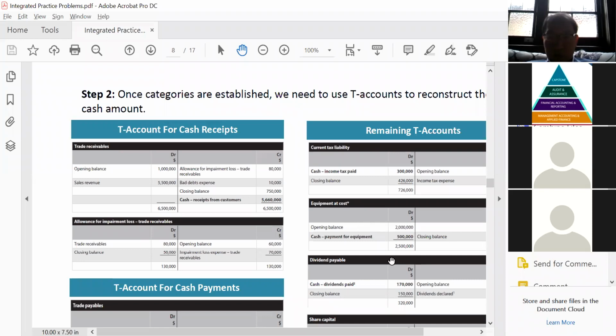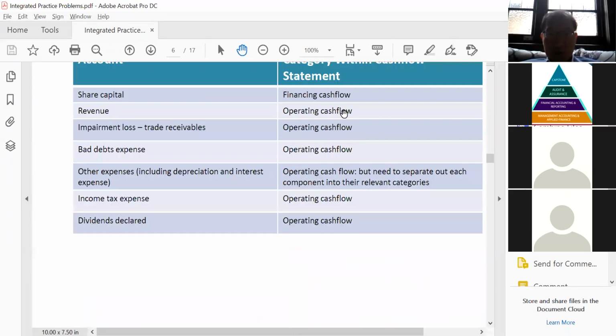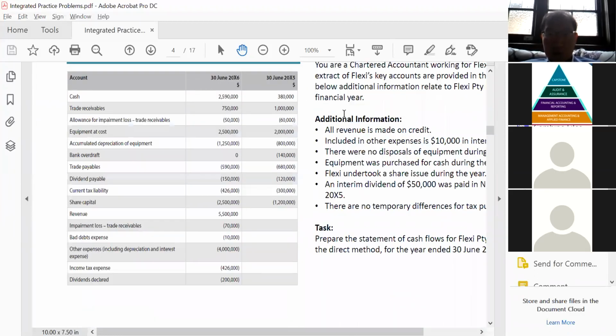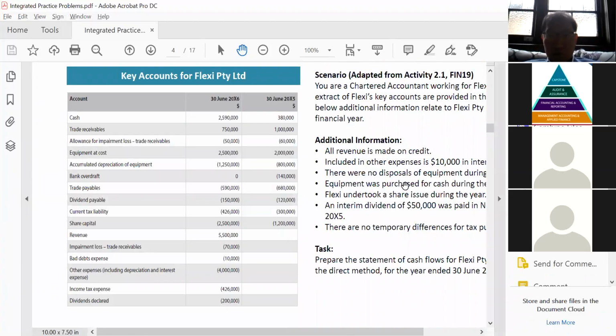Step 2 of our process to go through the cash flow statement is that we need to categorize different components of the transaction. If we look at equipment as an example, during the year we were told in the initial question that equipment was purchased for cash.